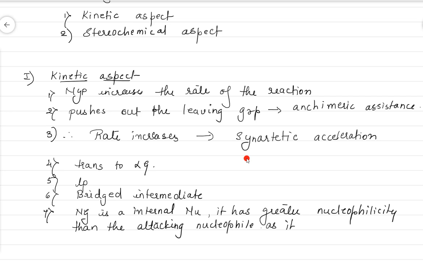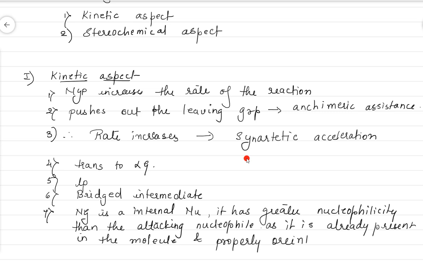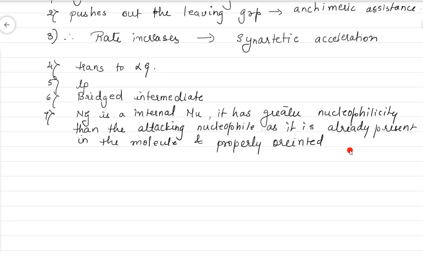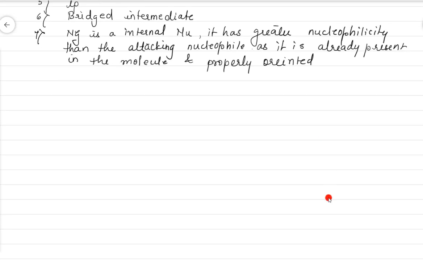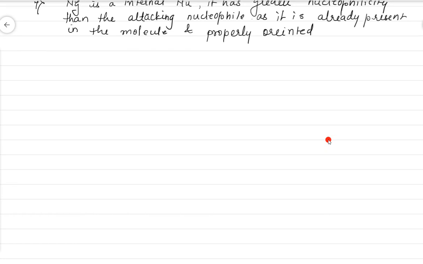Secondly, it is already present in the molecule, but presence alone is not important. Also, it is properly oriented: trans. As I told you, it should be trans. If it is trans, the rate will be greater than for the cis isomer.